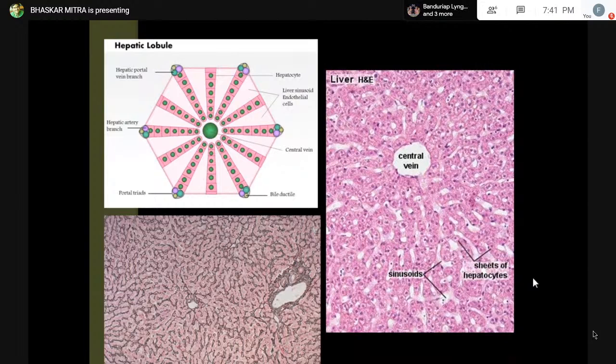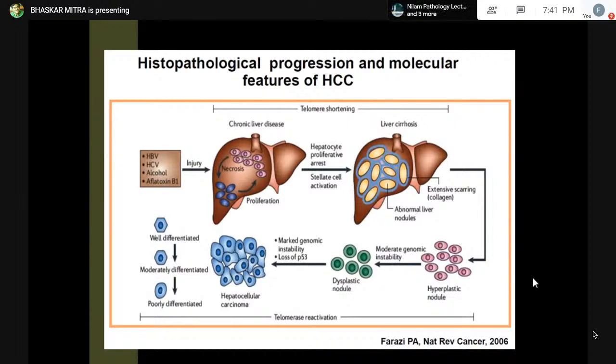Now, in the mesenchymal component, what are we seeing? We are seeing blood vessels, fibrous tissues, sometimes fats, sometimes other materials, different connective tissue materials.